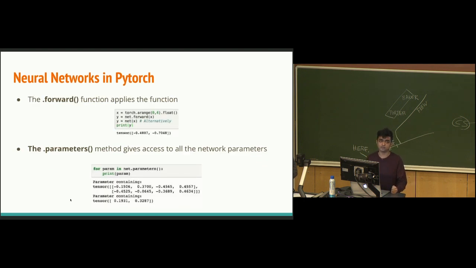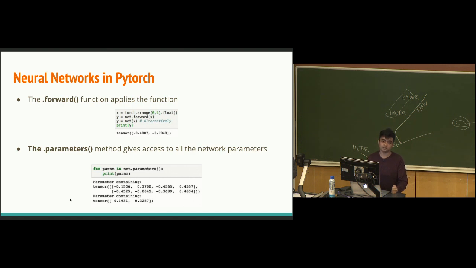Suppose we have already made the neural network, then the forward function takes as input the x and outputs the value depending on the parameters of the neural network. And you can view all the parameters by calling the dot parameters method.